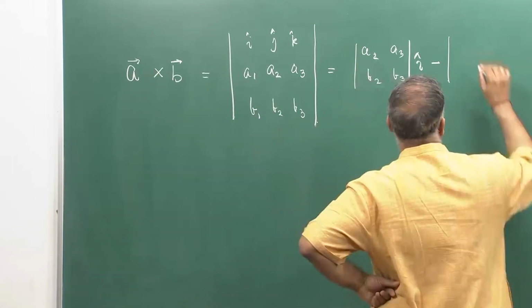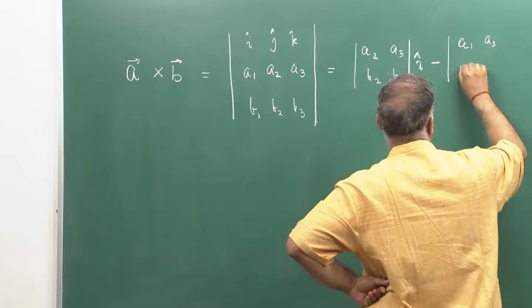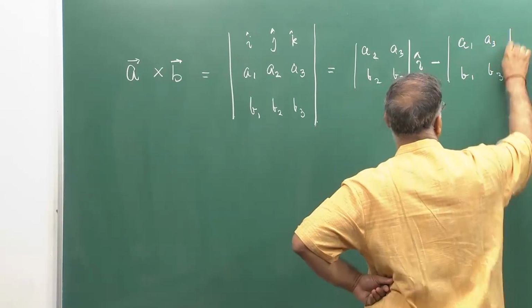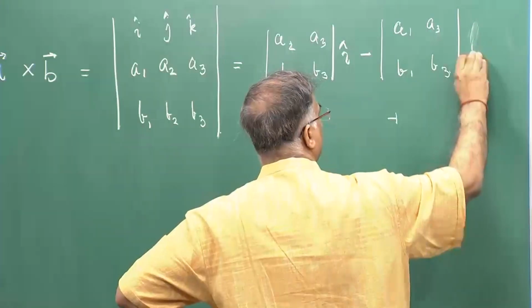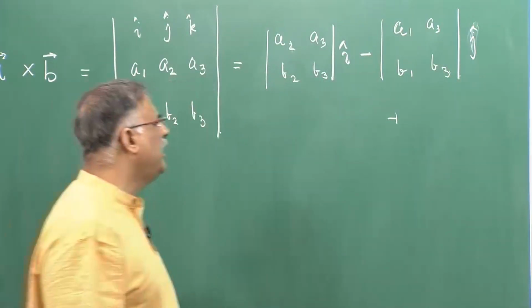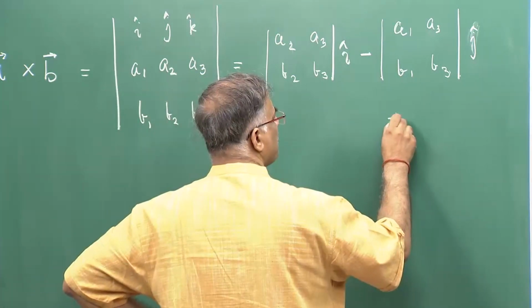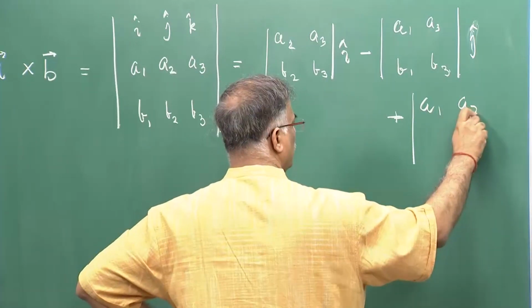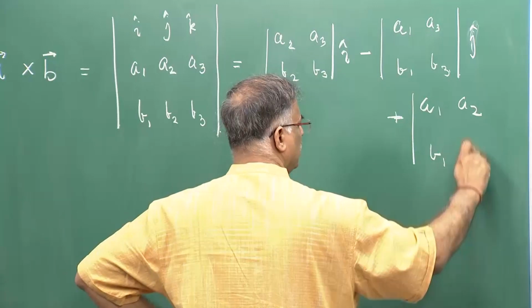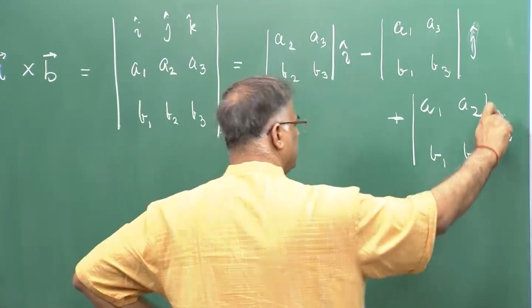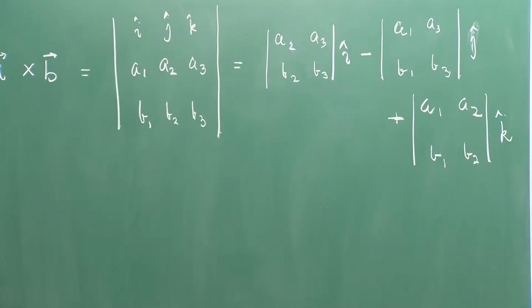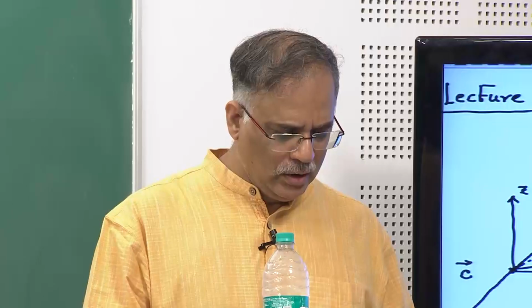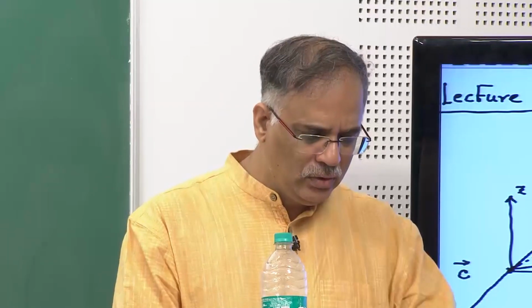Now, I will have A1, A3, B1, B3, plus this, which is multiplied with the j vector, and A1, A2 and B1, B2 multiplied with the k vector. So, that is how you define the cross product, okay.